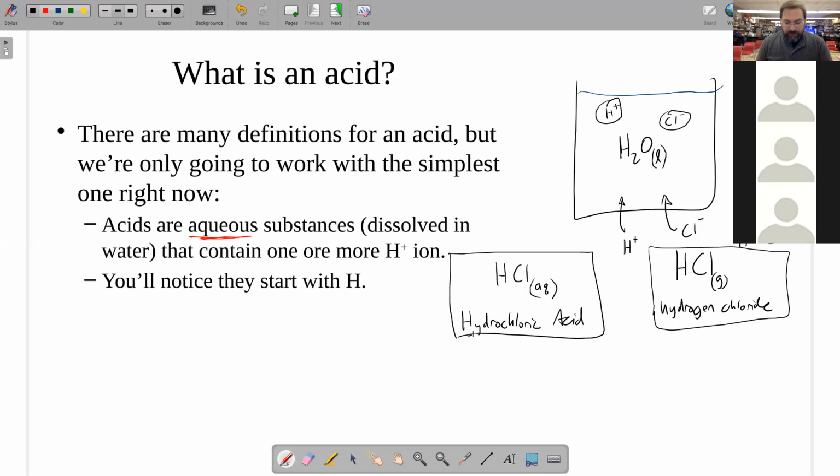Hydrochloric acid is present in your stomach. It's used as a cleaning agent. You can buy bottles of it at Lowe's. It has a trade name other than hydrochloric acid called muriatic acid. People use muriatic acid to lower the pH of water in swimming pools. It's used to etch concrete.